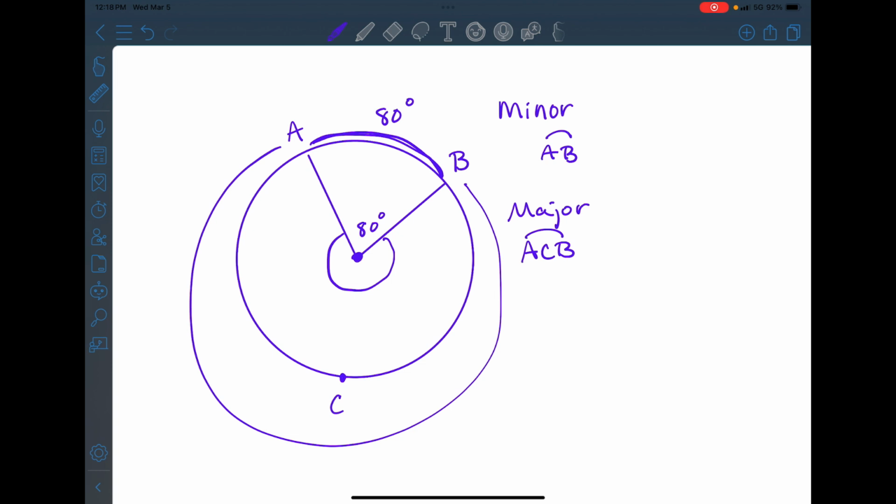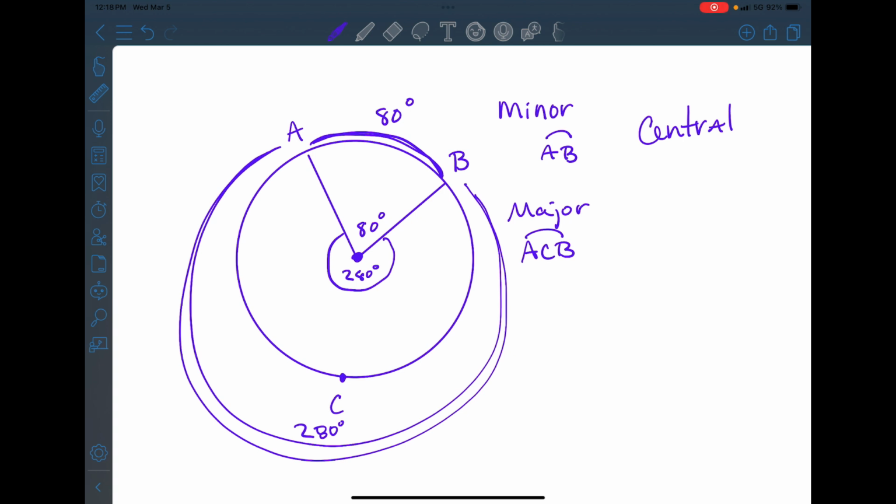So if I wanted to find arc ACB, I would take 360 and subtract 80 from it, and you would get 280. So that is a central angle and the arcs they make.